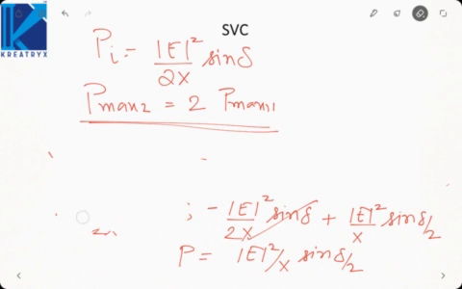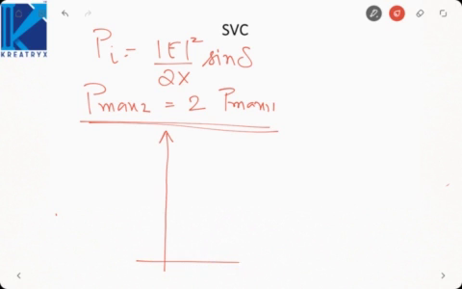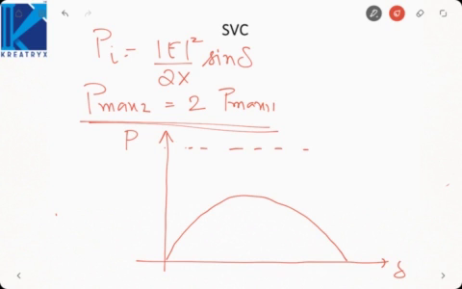So if we plot it on a curve, if we draw the power angle curve, initially it will be like this, okay, but when we connect SVC, Pmax will double, but angle will also become half. It will become sine delta by 2. So at delta is equal to 180, delta by 2 will be 90.